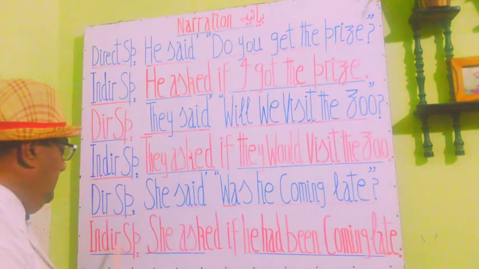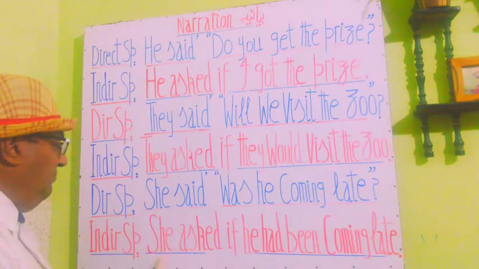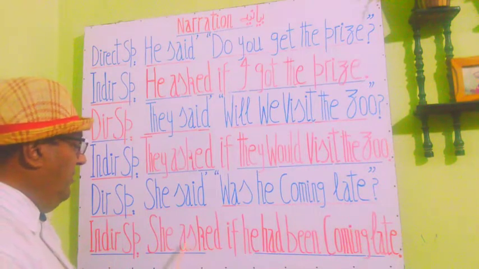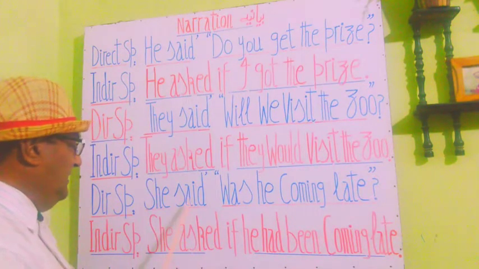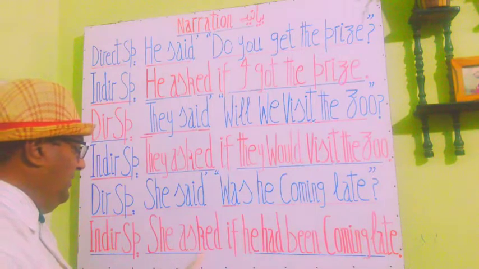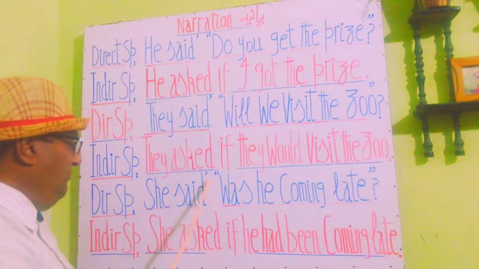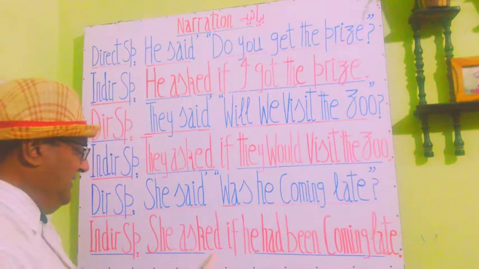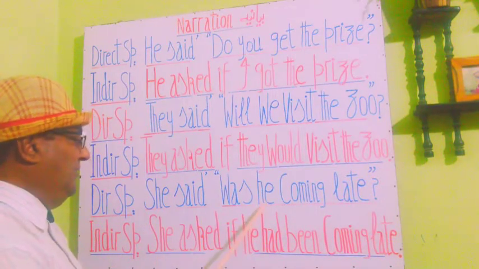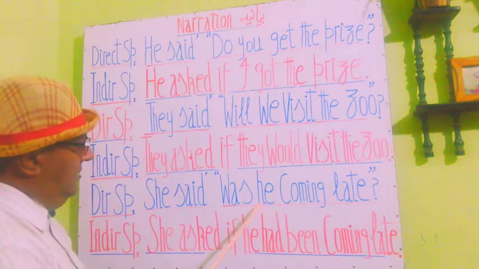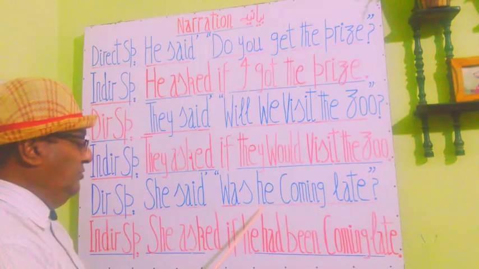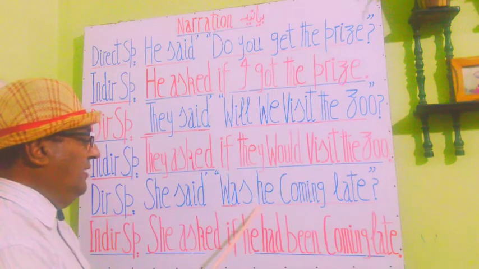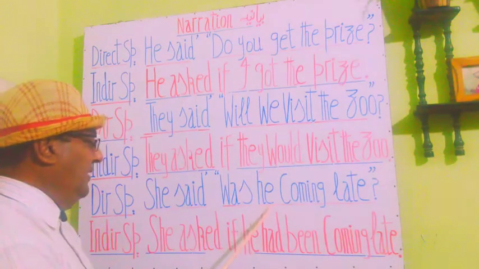Let's see its change in indirect speech. She asked. We have put "asked" instead of "said" to beautify the statement. She asked, the comma is replaced by "if" as the rules apply. She asked if. Now we have the "he" in the direct speech. "He" belongs to the third person category of pronouns.